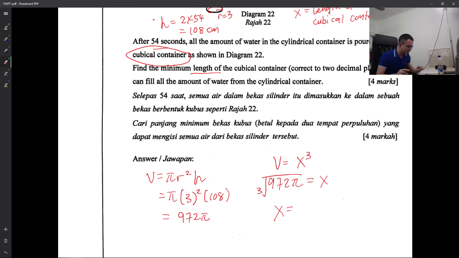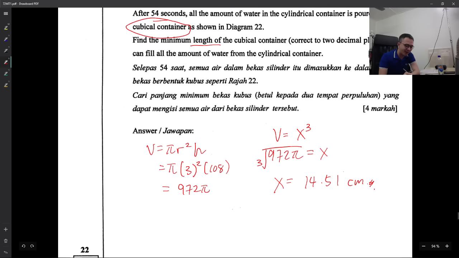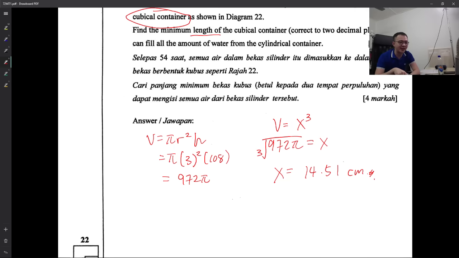I get x equals 14.51 cm. So this should be my minimum length. I hope you actually get it. I just leave my answer in pi here because later when I cube root it, I can get the most accurate answer. Of course, you can multiply pi in and then you will get a very big number. Okay, so I hope you can get this.